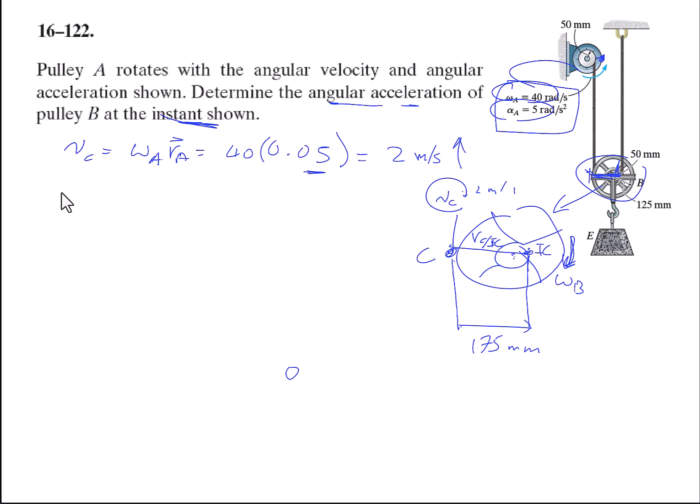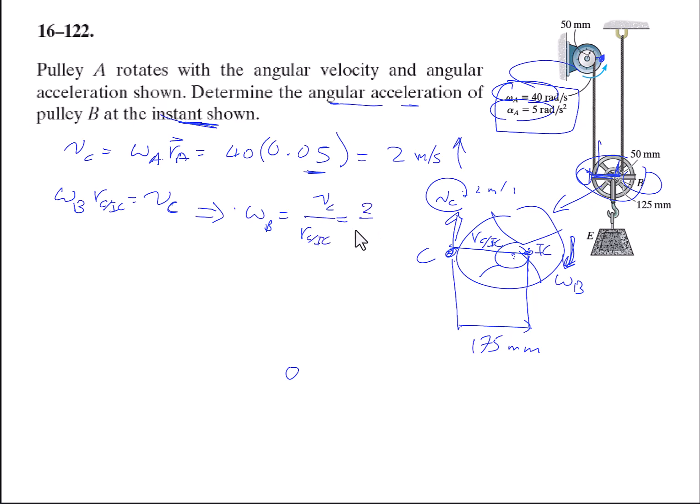So we could write omega B times the position of C with respect to the instantaneous center is equal to the velocity at C, and this will give me omega B equal to VC divided by R C/IC.